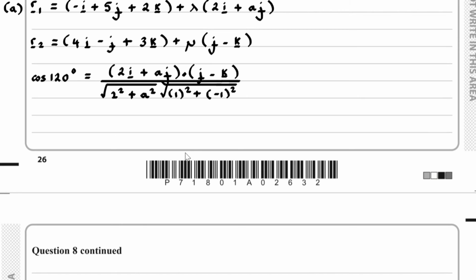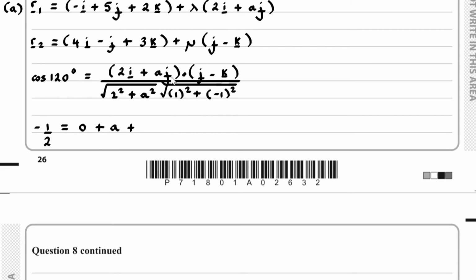So, working out the left hand side, the cosine of 120 degrees is -1/2, and on the right hand side, I've got 2i dot with 0i, so that's 0. I've got aj dot with j, so that's just a.